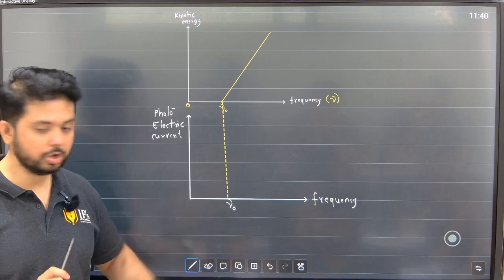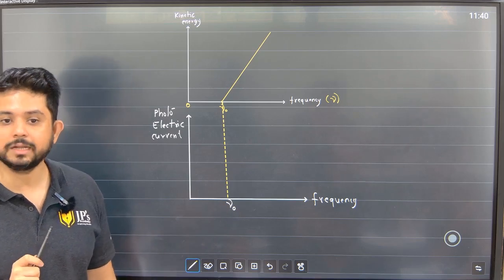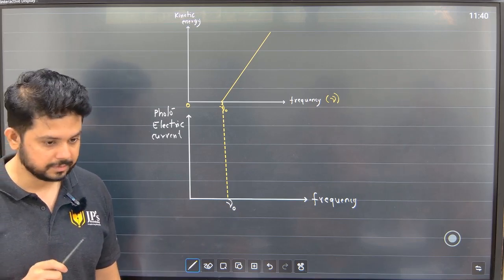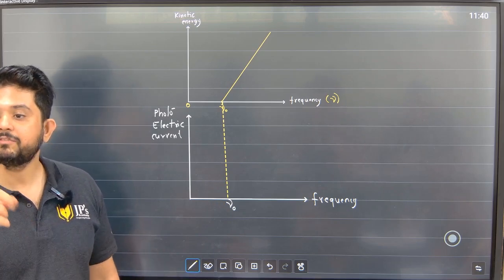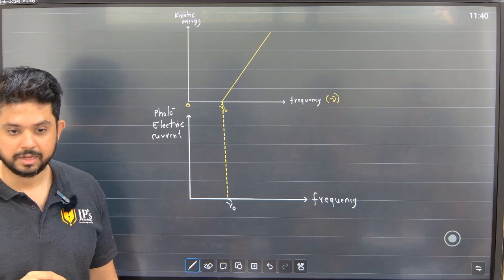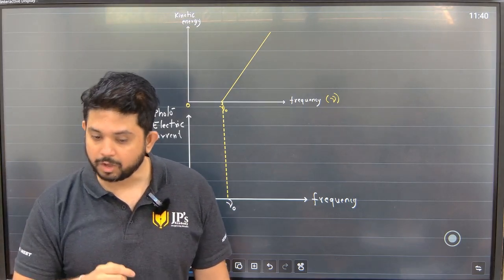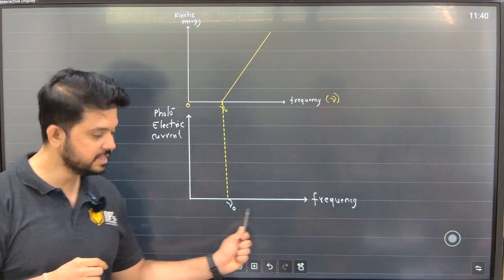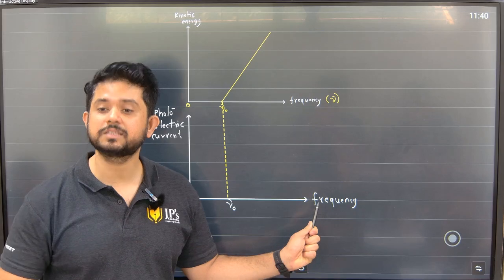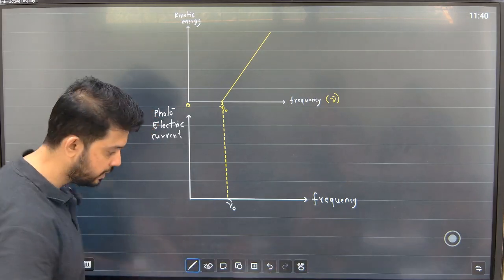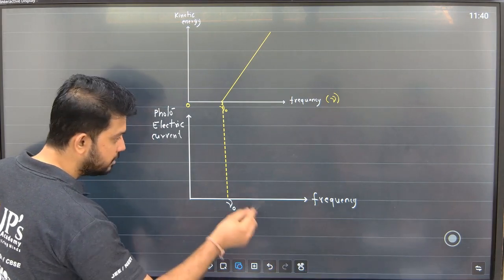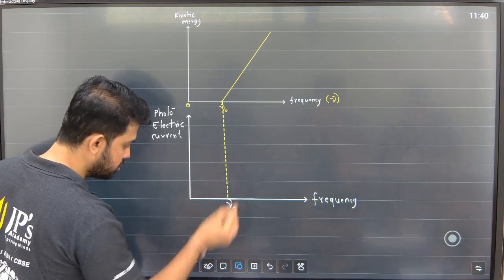What will happen at nu naught? Will electrons start coming out? Yes or no? Will there be any deflection in the ammeter? It will start showing current, because electrons have started to come out. But if I increase the frequency, will the current increase? No, it will not. And hence, the current graph looks like this.